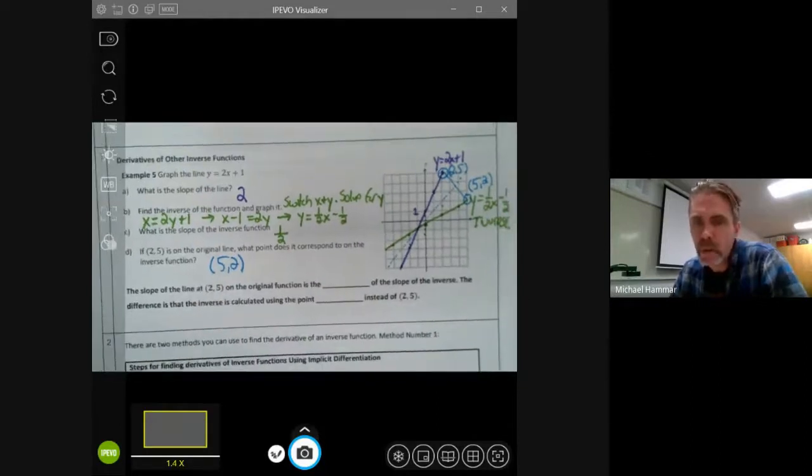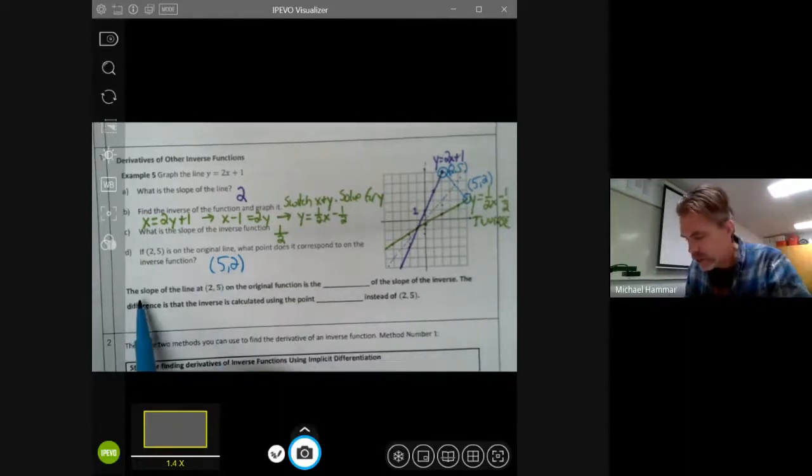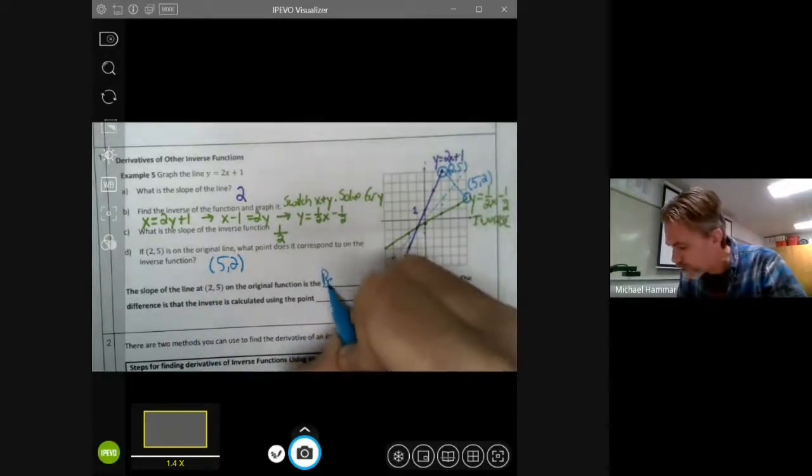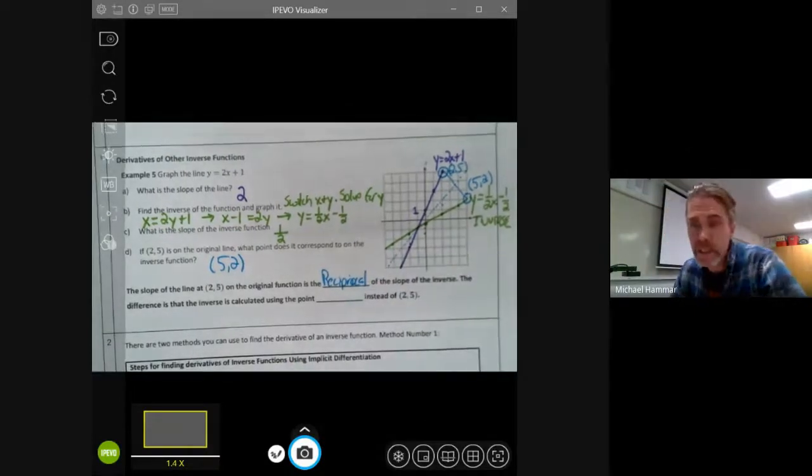So what is the connection between an original function and its inverse? Well, the slope of the line at (2,5) on the original function is the reciprocal of the slope of the inverse.